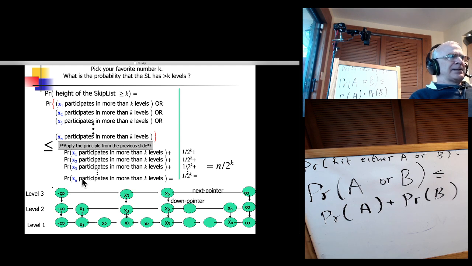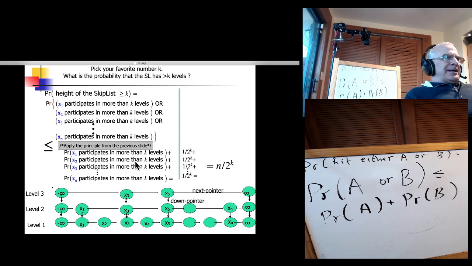That's the chance that it's in level 4, and so on. It goes down exponentially. So the chance that x1 participates in more than k levels is 1 over 2 to the k. Everybody in this class needs to understand why this is the chance that x1 participates in more than k levels.